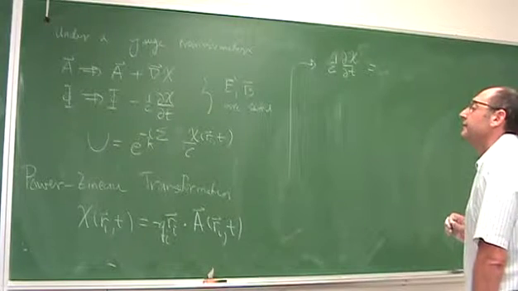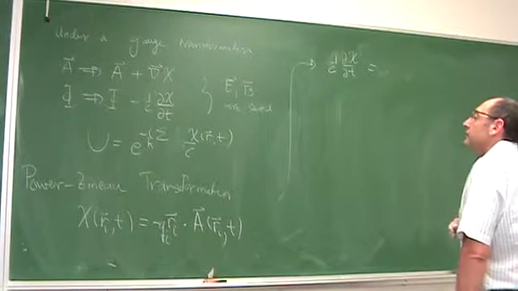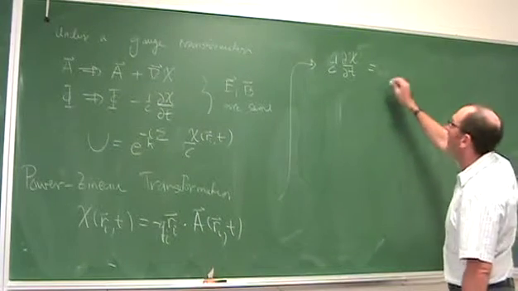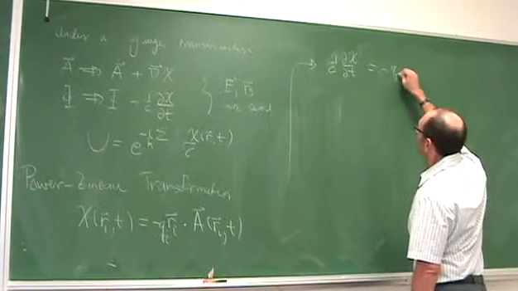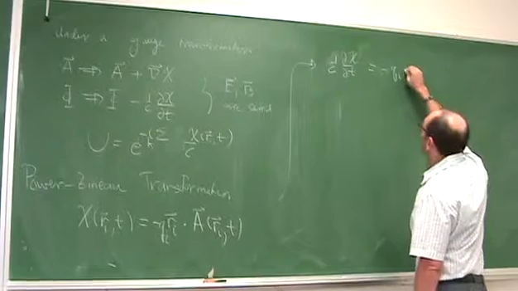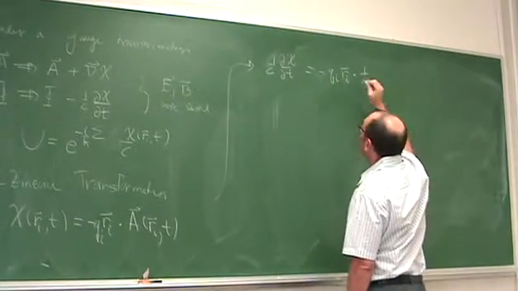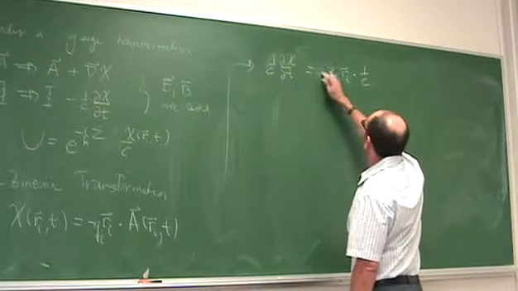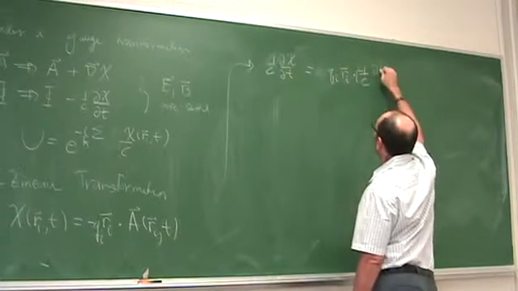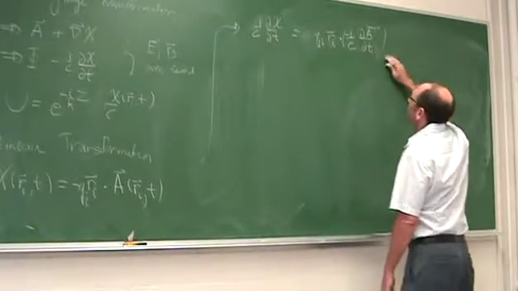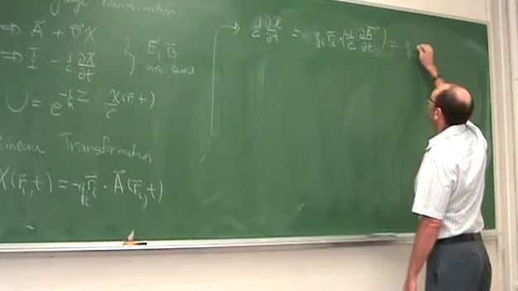That's right. So 1 over c d chi dt is minus q_i r sub i dotted into minus 1 over c dA dt. And you remember that that's just the electric field.